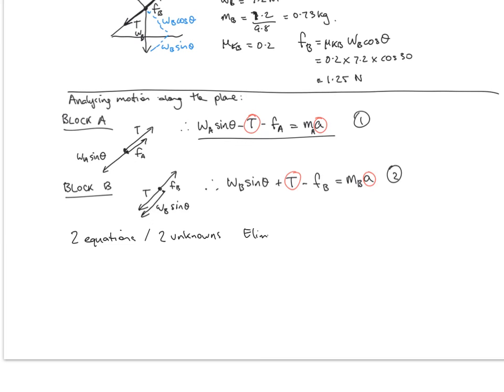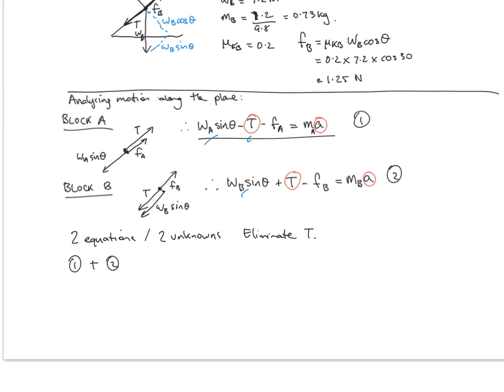Eliminate T. Looks like a simple one, because if we now say equation 1 plus equation 2, we just add all these components. If you just add up all those components, we're going to get a single equation.